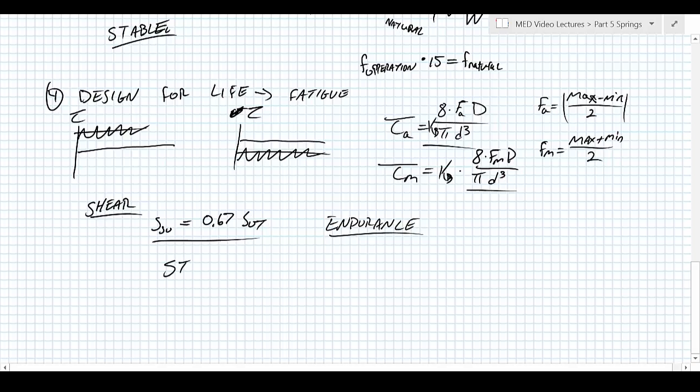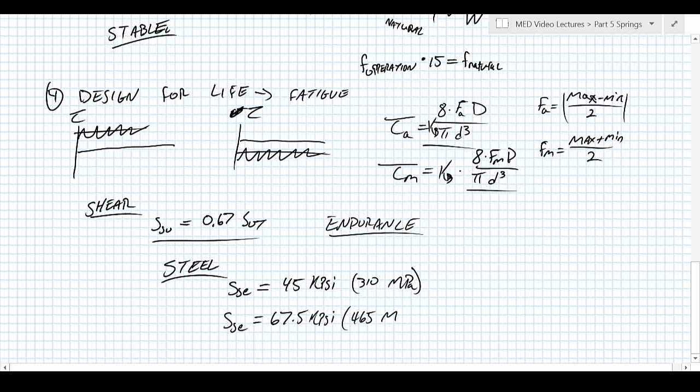So for steel springs, the endurance strength is either 45 kpsi, which is about 310 megapascals, or it is about 67.5 kpsi, also about 465 megapascals.